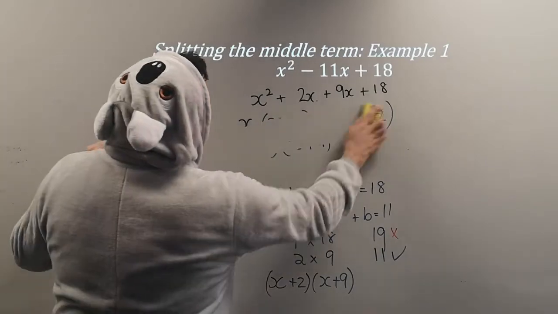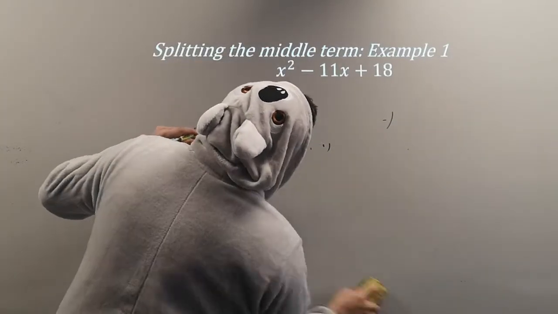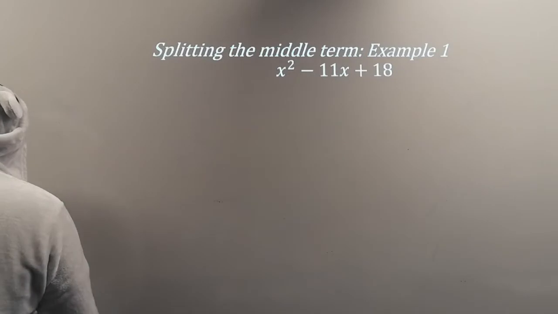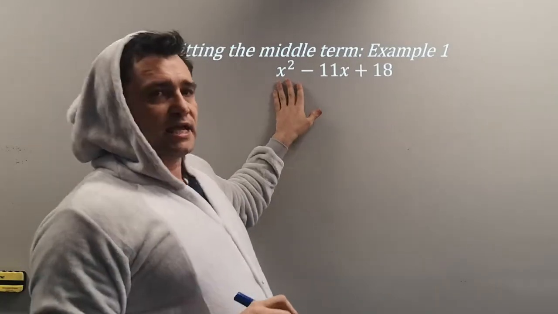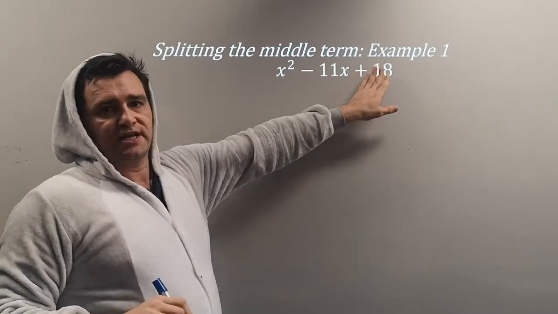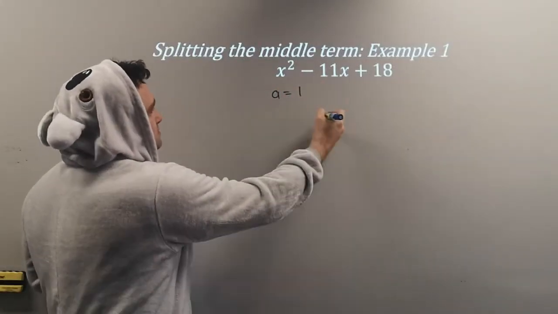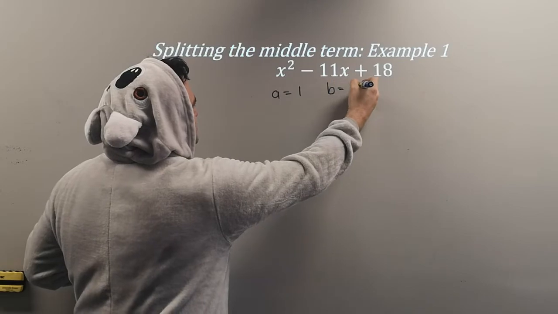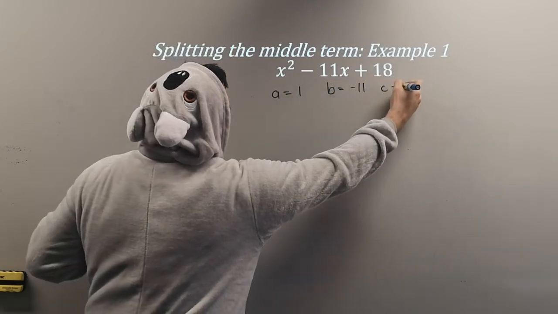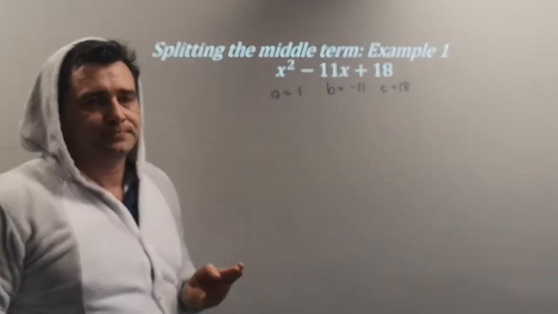Let's try another one. This time we've got x squared minus 11x plus 18. So my a value is 1, my b value is negative 11, and my c value is 18.